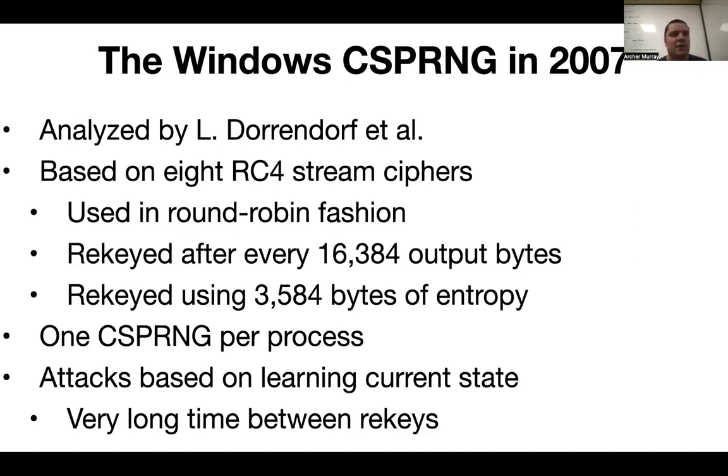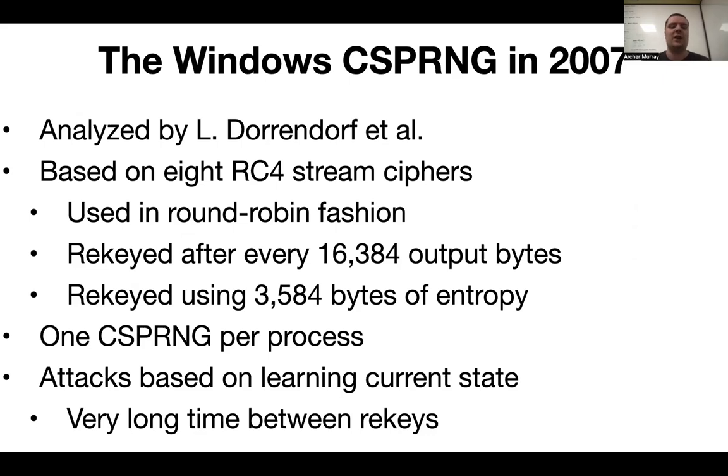Now Dorendorf and the others found that this CSPRNG had basically the opposite problem of the Linux CSPRNG. So /dev/random had the problem of denial of service attacks because it generated entropy too slowly. The problem with this RNG is that it barely uses entropy. It takes so many outputs before each rekey that they estimate that the ciphers only end up getting rekeyed every few days.